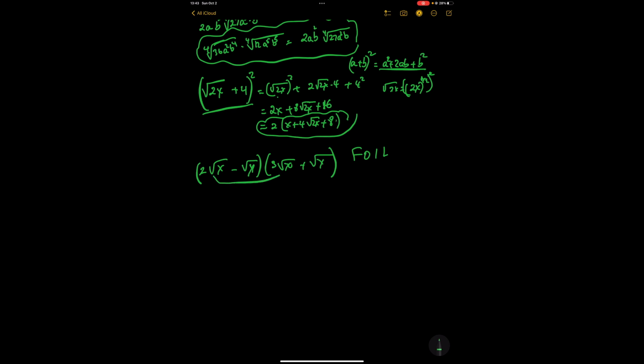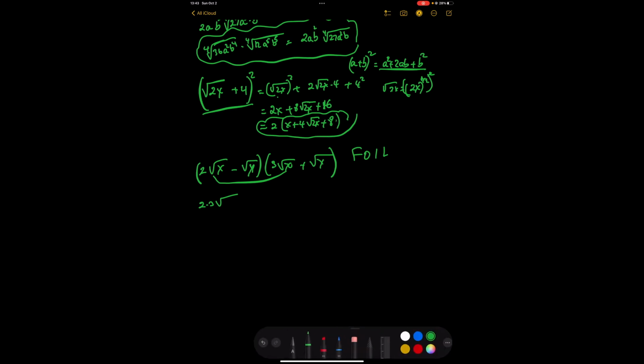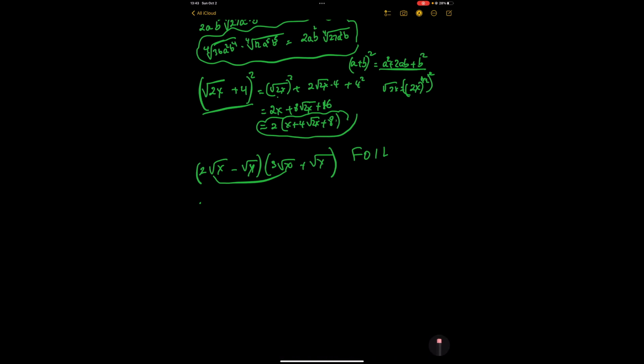So we're going to do 2 times 3. Oh, hold on. Let me do it again. We would have 2 times 3 is equal to 6, right? Square root of x times square root of x is equal to square root of x squared, which is equal to x.